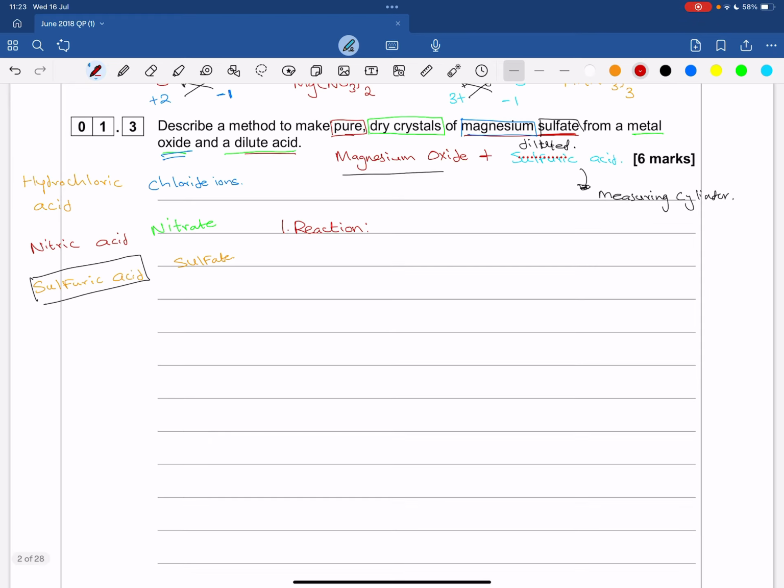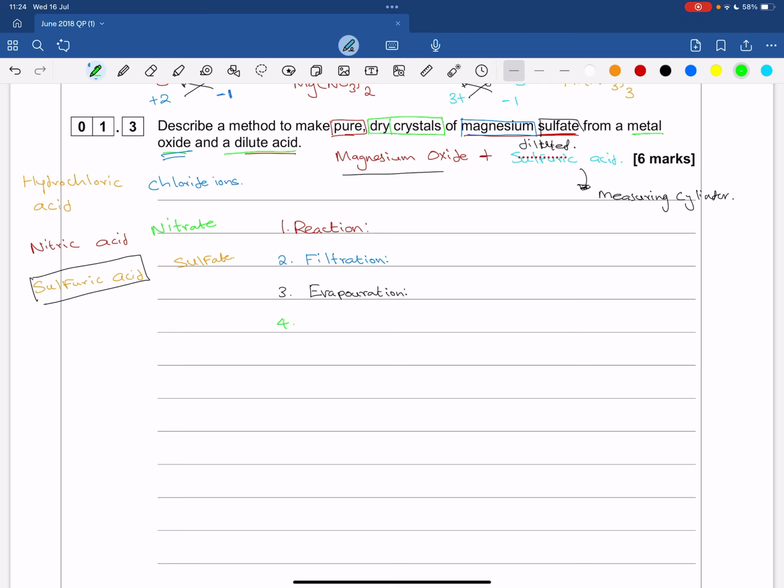The second part you need to think about is filtering. In order to make it pure, you need to get rid of all the impurities. That is the filtration step, the second step. The next step in this process is evaporation. And last but not least, you need to dry the crystals.